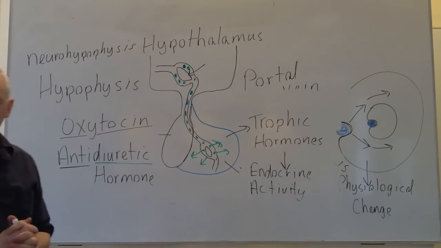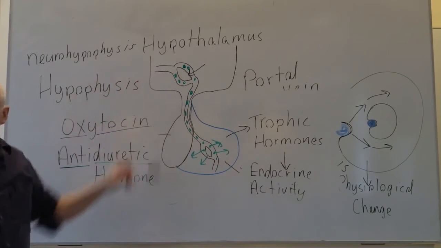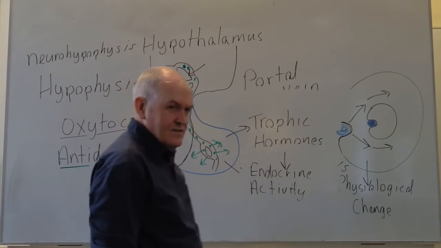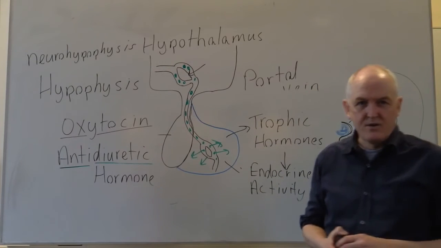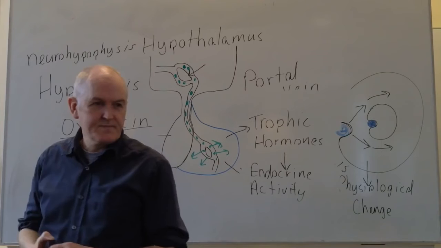So who's the real boss? The hypothalamus is strictly in charge of the whole thing, isn't it? It's the hypothalamus that's in charge. So the hypothalamus is the actual conductor of the endocrine orchestra. It's the hypothalamus that's controlling it.